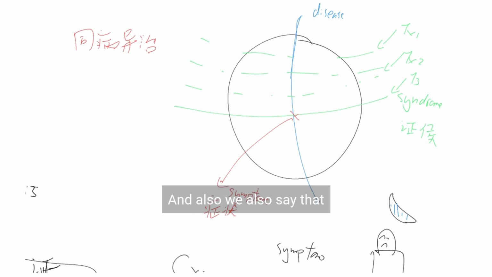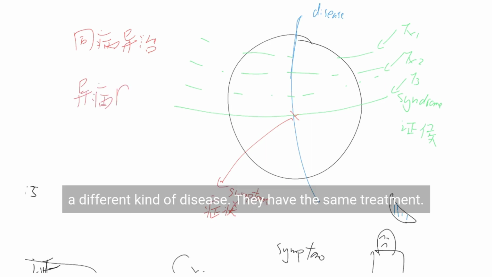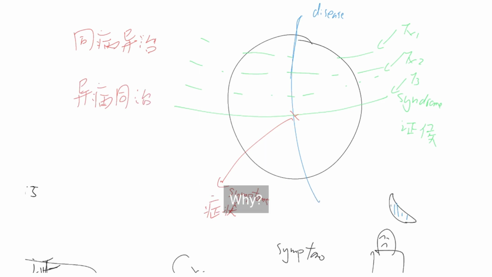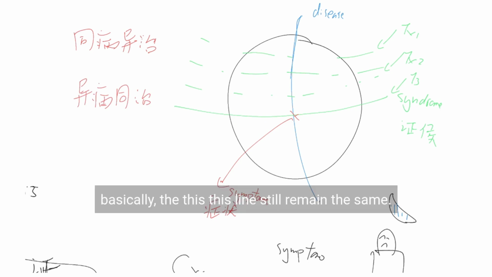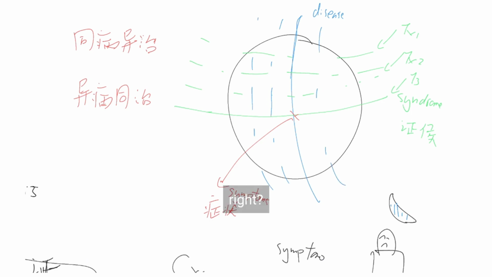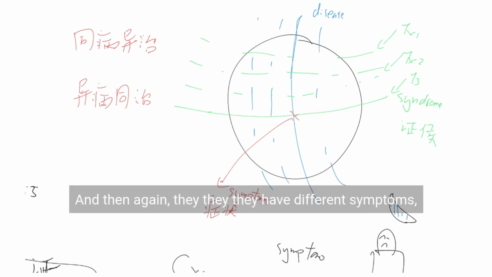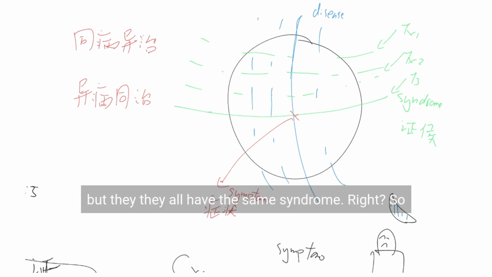We also say that different diseases can have the same treatment. Why? Because they can all belong to the same syndrome. So this line remains the same, but here we have different diseases, and again they have different symptoms, but they all have the same syndrome.